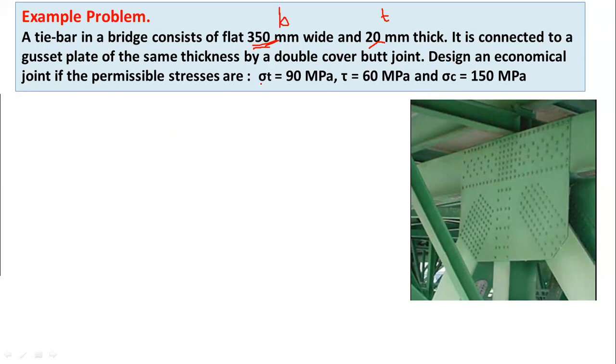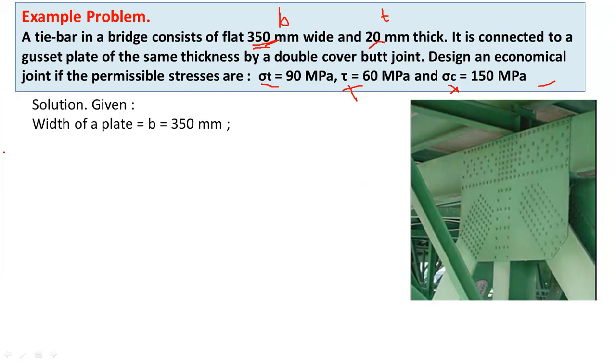Now, this one is the tensile stress induced in the plate material, sigma T. This one is the shearing stress induced in the rivet material. This one is the crushing stress induced in the rivet and plate material.